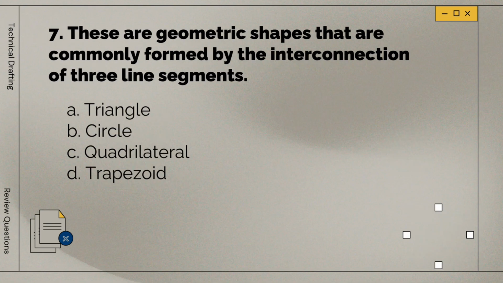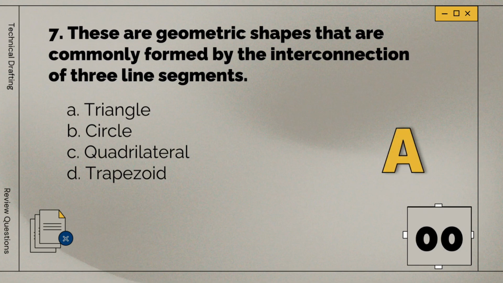Number 7. These are geometric shapes that are commonly formed by the interconnection of 3 line segments. The correct answer is letter A.